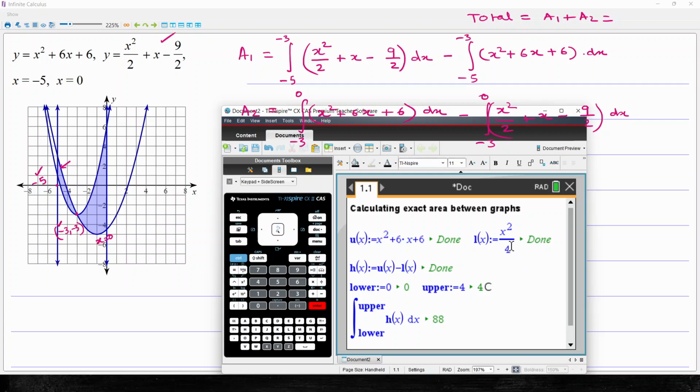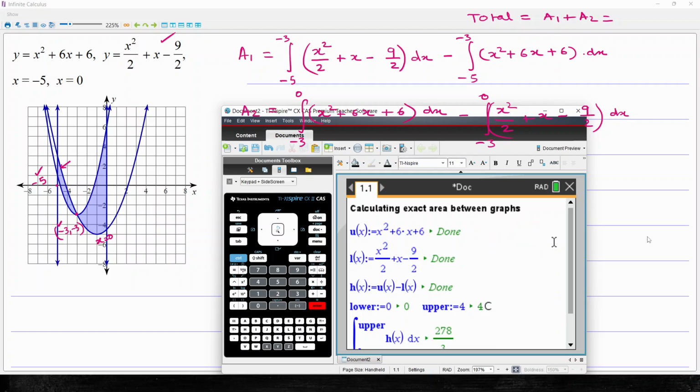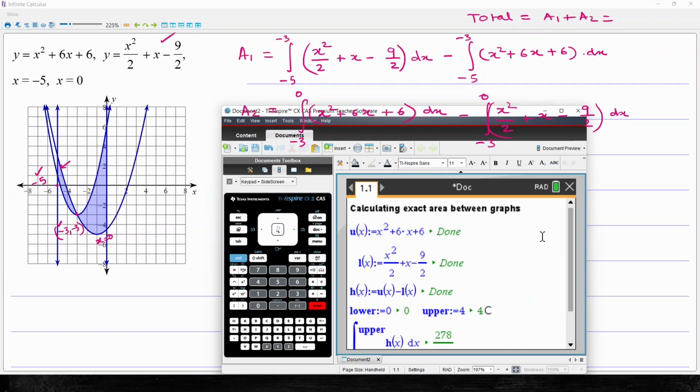And the lower function is x squared over 2 plus x minus 9 over 2. So we have entered the upper and the lower function.